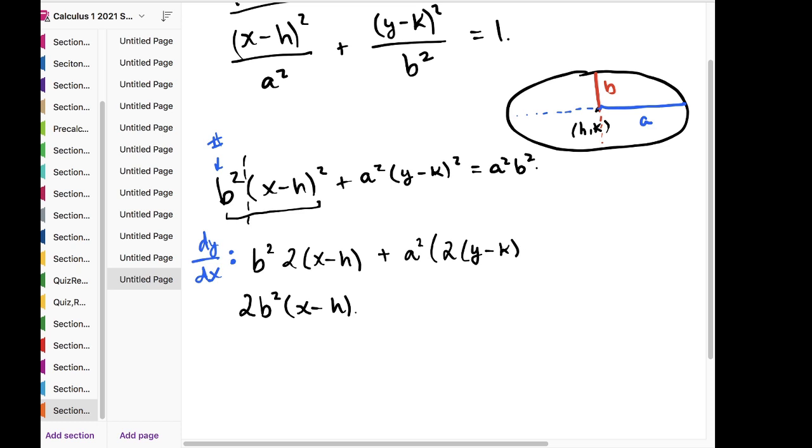And do I have to remember something? Yes, I need that dy/dx. That's the derivative of y by the chain rule. And then what's the derivative of a squared b squared? Zero, because remember, these are just numbers.